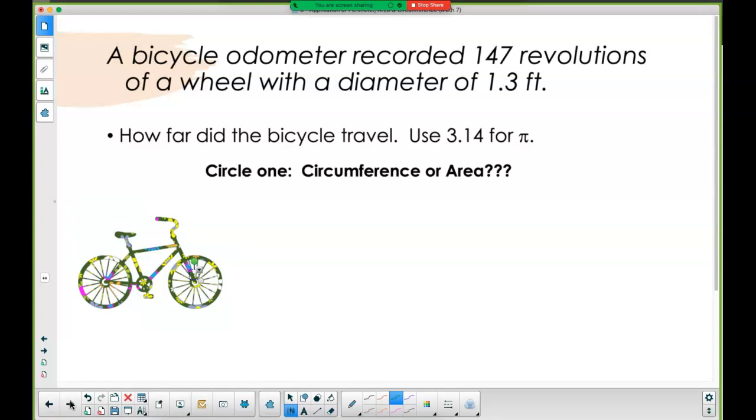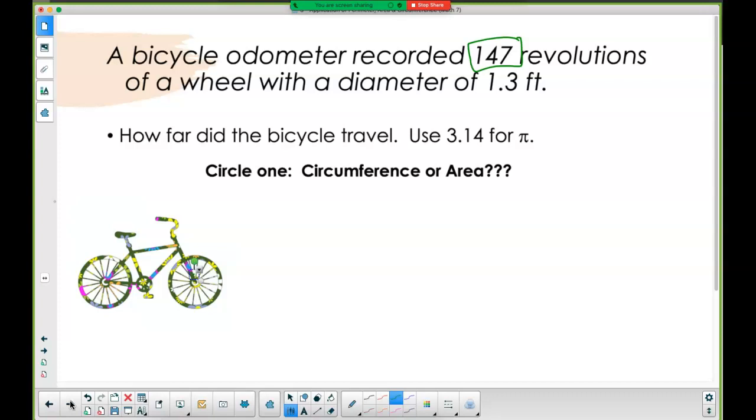So the odometer recorded 147 revolutions, meaning how many times the wheel went around, with a diameter of 1.3 feet. How far did the bicycle travel? Let's say this was my bicycle wheel, and it's rolling along the ground.